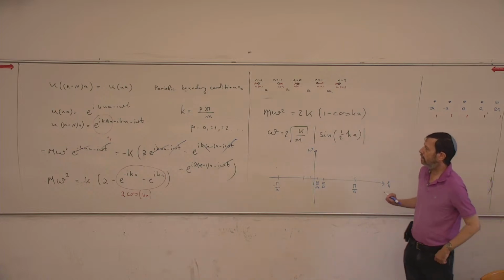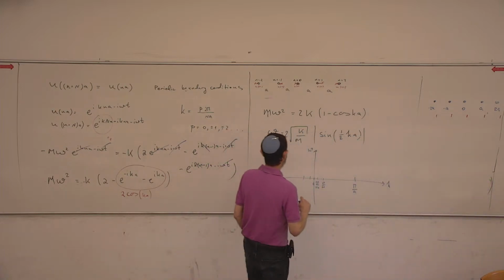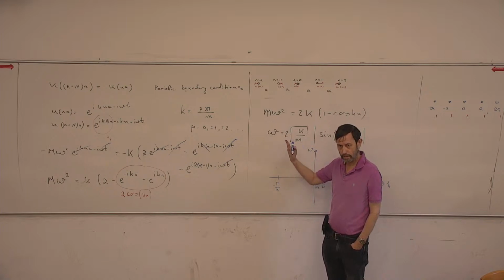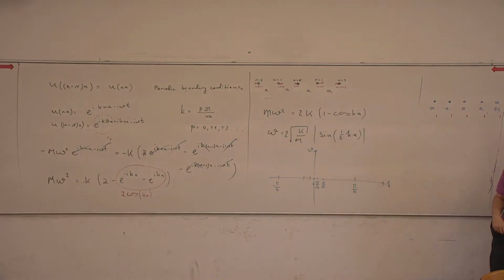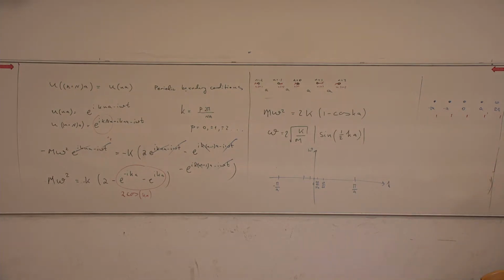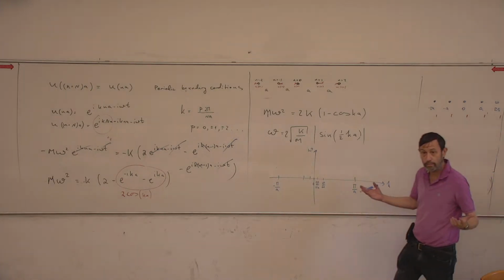Okay, let's dive into the physics. What is omega at the end of the day? It's connected to energy. No contribution to energy. Why? Because all of them moved the same way, and therefore it didn't cost me any harmonic energy, because just the equilibrium points moved, but the distance between them didn't change.